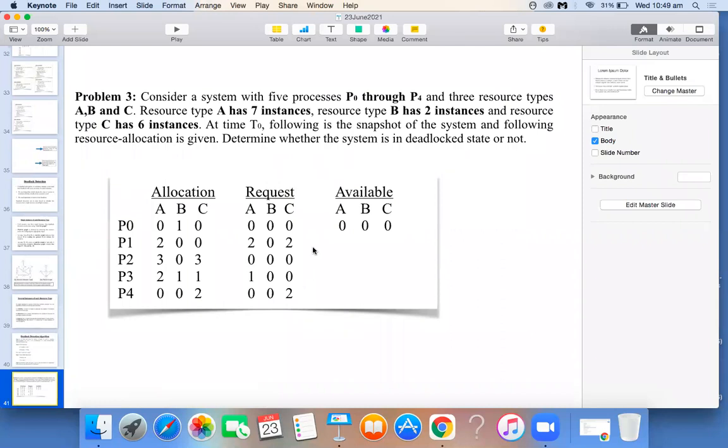So this is the problem we are solving for deadlock detection. In deadlock detection problems, we don't find the max column. Instead of the max column, we will find the request column. So whenever a problem is given like this, with an allocation column, a request column, and an available column, it is understood that we have to apply the deadlock detection algorithm.